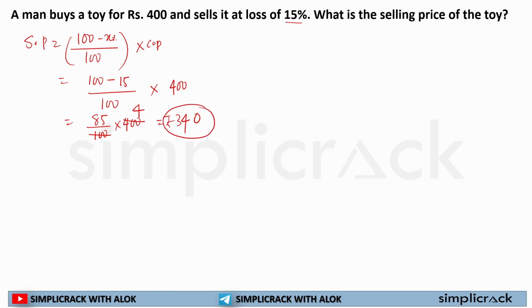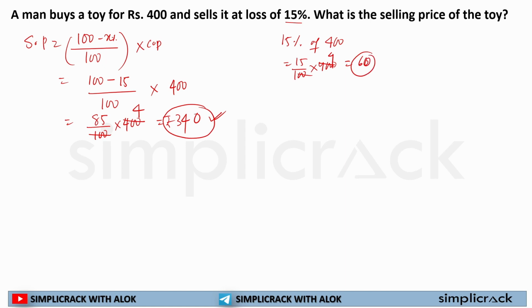The selling price of the toy after 15% loss will be 340. Or you can simply write loss 15% of 400. 15% of 400 can be written as this, that is 60.